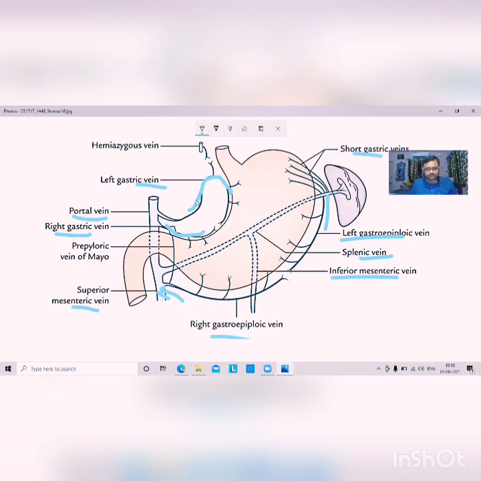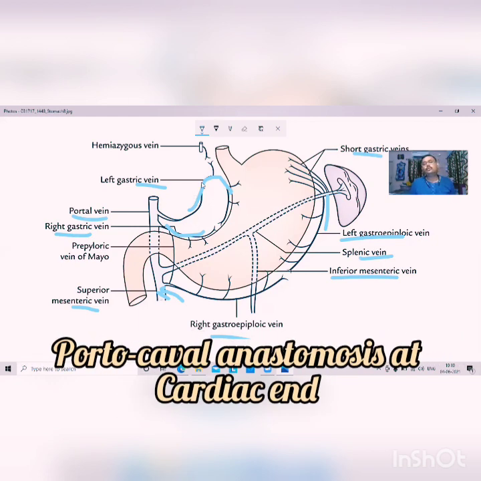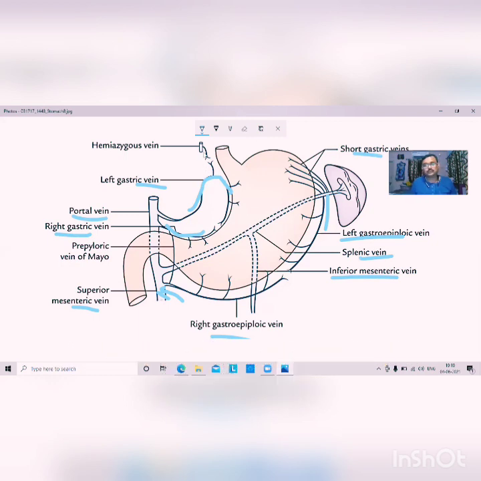Now, one important thing you have to remember is that there is a portocaval anastomosis present around the stomach near its cardiac end. Now, what happens?